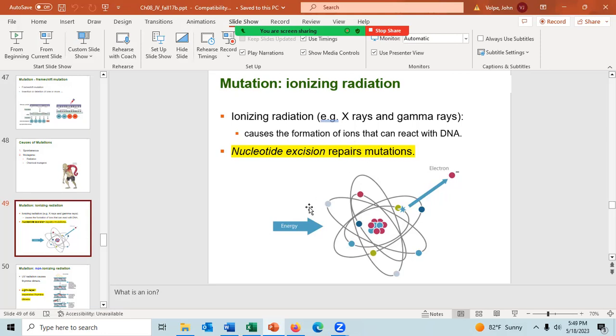And if you hit a molecule other than DNA, like sodium chloride, you can cause an ion, and then that ion can bump into DNA and steal an electron from the DNA. But the point is, ionizing radiation, when it hits a molecule such as DNA, it gives that electron enough energy for that electron to leave the DNA. And then that will mutate the DNA.